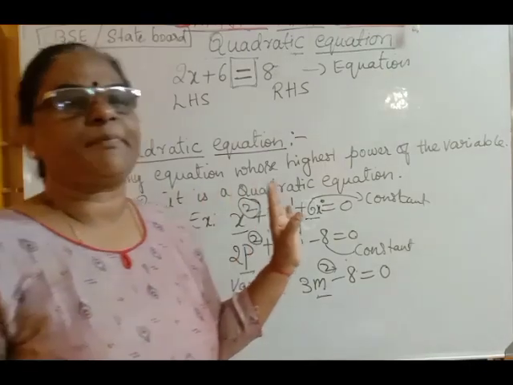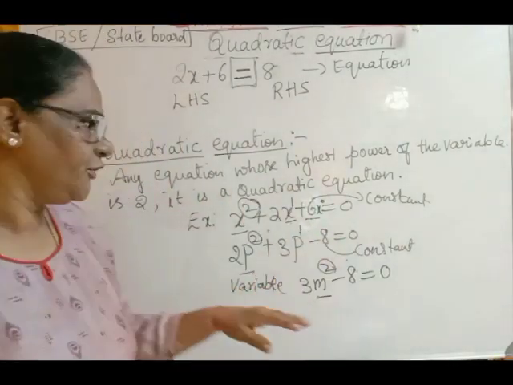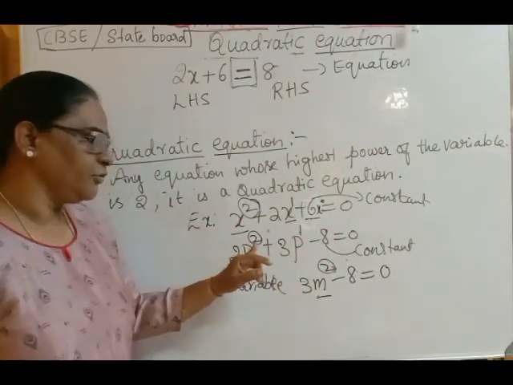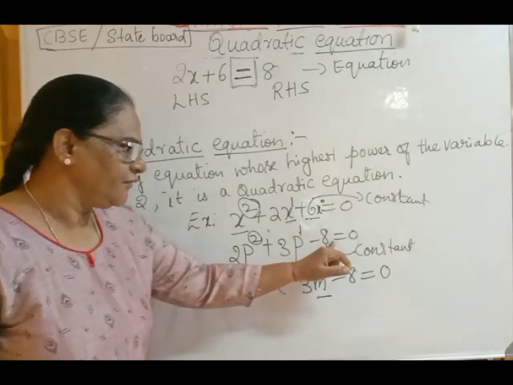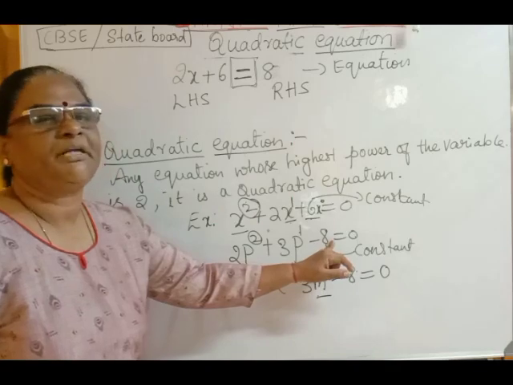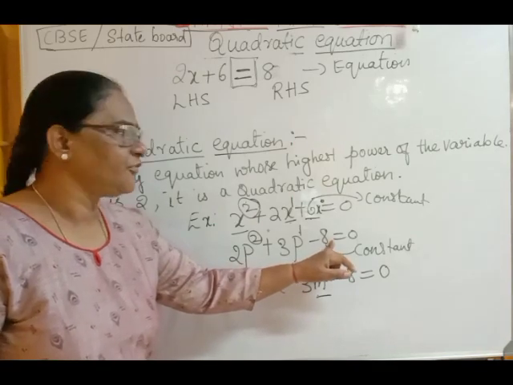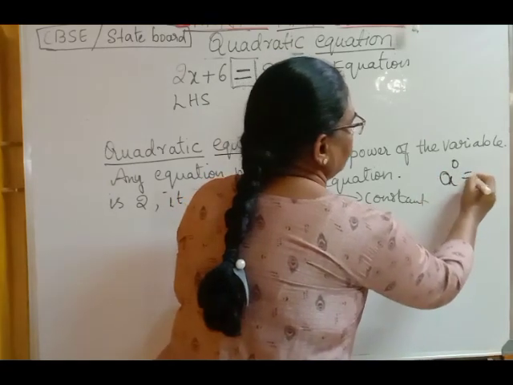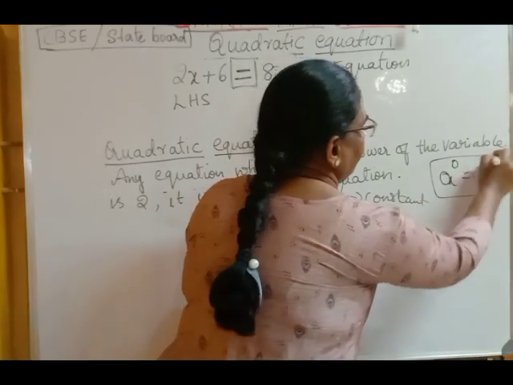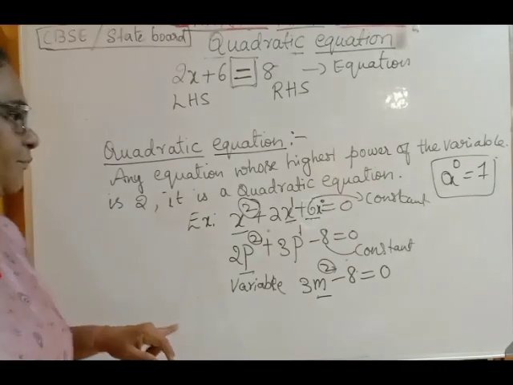We don't write x to the power of 0 or y to the power of 0. Here also p power 2, here it is decreasing, p to the power of 1. Here if there is no p, it is understood that p to the power of 0 is there. Any number to the power of 0 is always equal to 1. That is all very important.